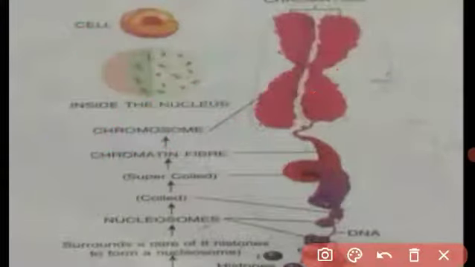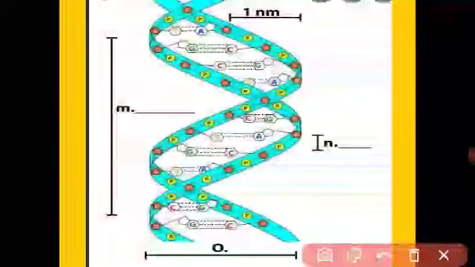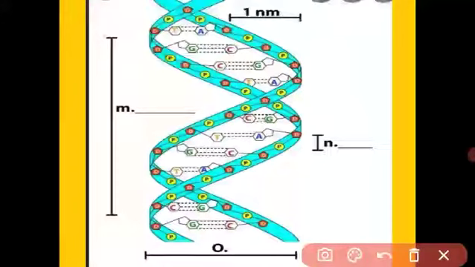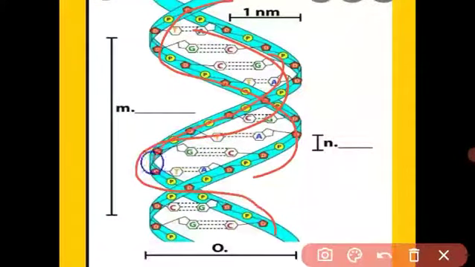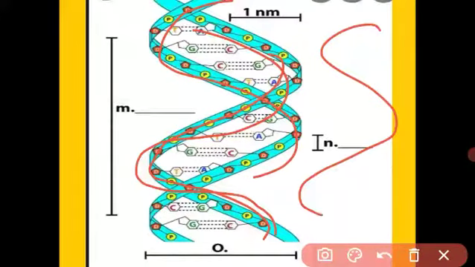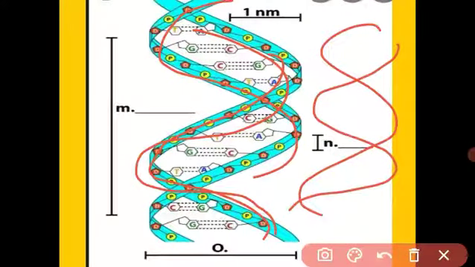Got it? And in today's video we will study DNA in detail. See, this is the structure of DNA. DNA is a double helix, meaning the two threads are wrapped like that. This is called the double helix structure.